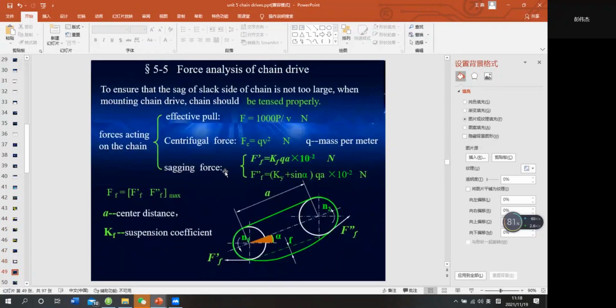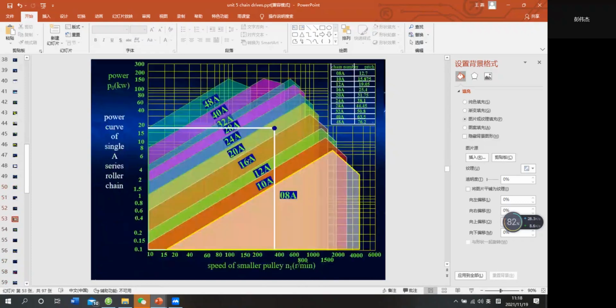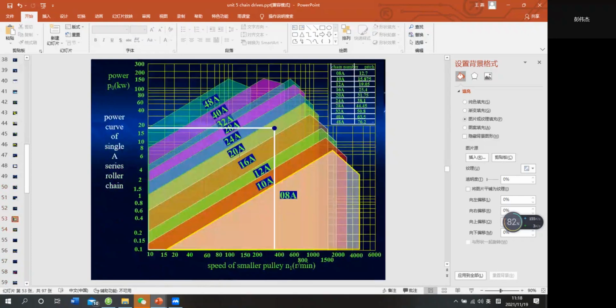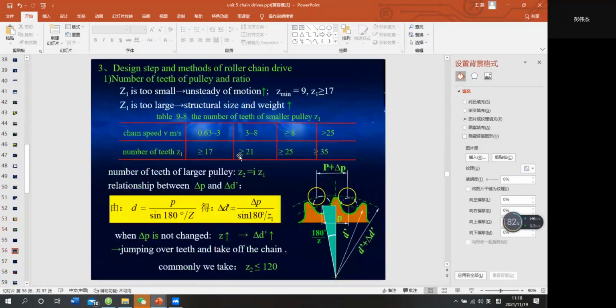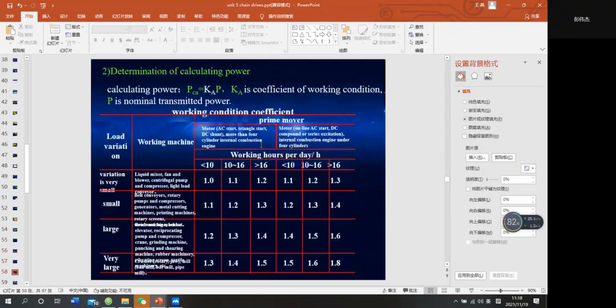And then the force acting on the chain, and you should master the selection of diameter and master the design procedures of the chain drive.